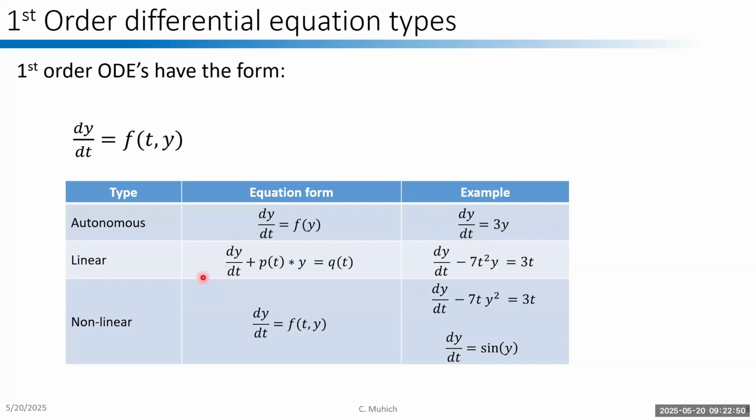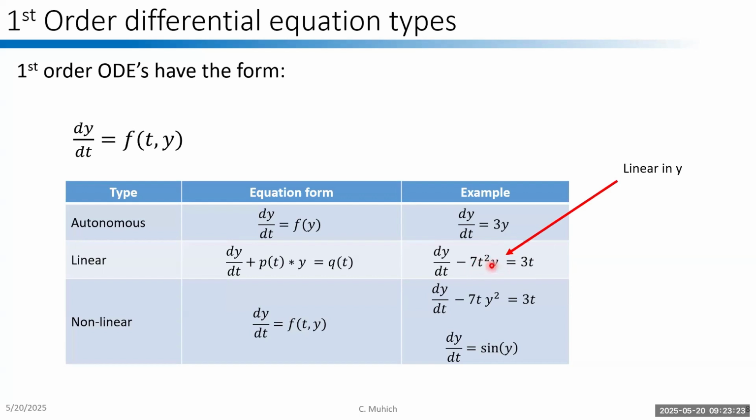We can also have a linear form where I have dy/dt, and then I have y showing up times a function of t, and then something on the right-hand side that's just a function of t. So this could be dy/dt minus 7t squared y equals 3t. You see that the y multiplied by anything is linear, right?